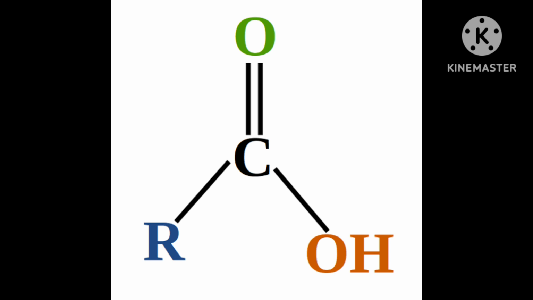For example, formic acid, HCOOH, was first obtained from red ants. The Latin word is formica; formica means ant.